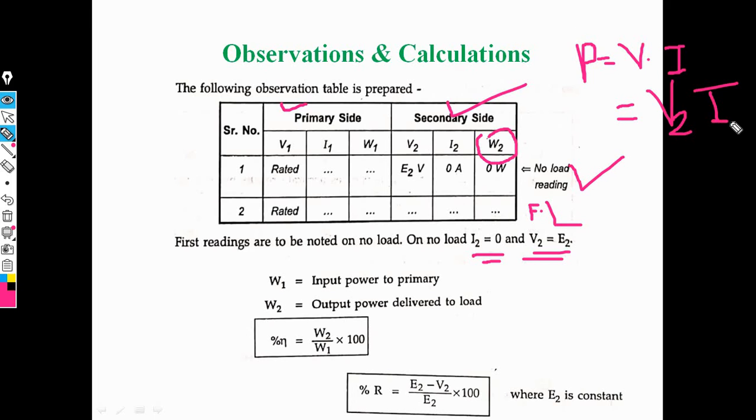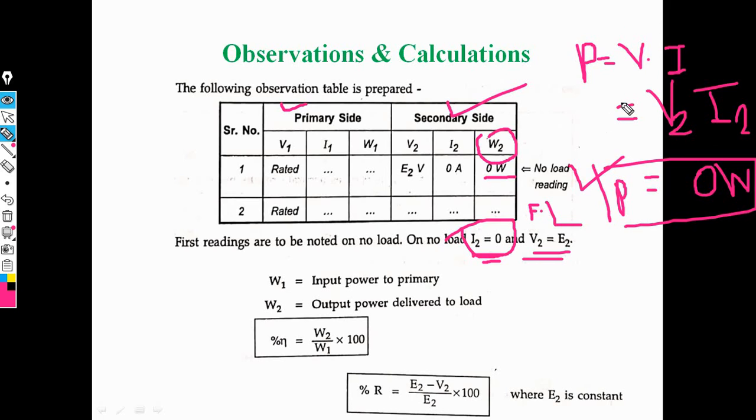But the value of I2 is 0, so power is always 0. Its power is 0 watt at no load condition. Current I2 is 0, but the voltage V2 is always the same as E2, and this E2 voltage is measured in volt. That is no load condition.